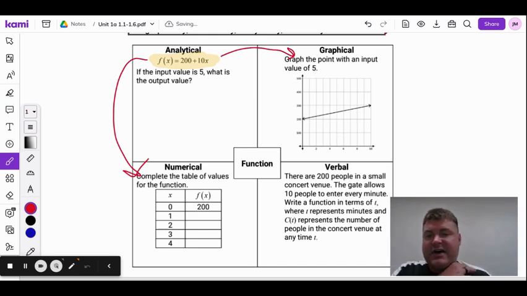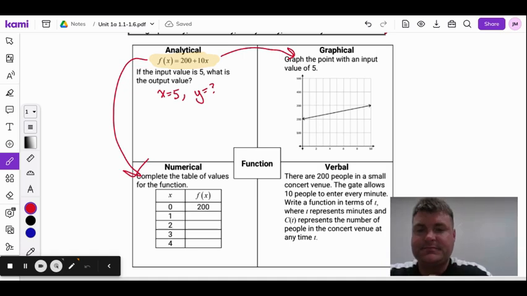If the input value is 5, what is the output value? So you need to know that this means x is equal to 5. What is y equal to? Well, we do know that y is the same thing as f of x. So what we're trying to find is f of 5.